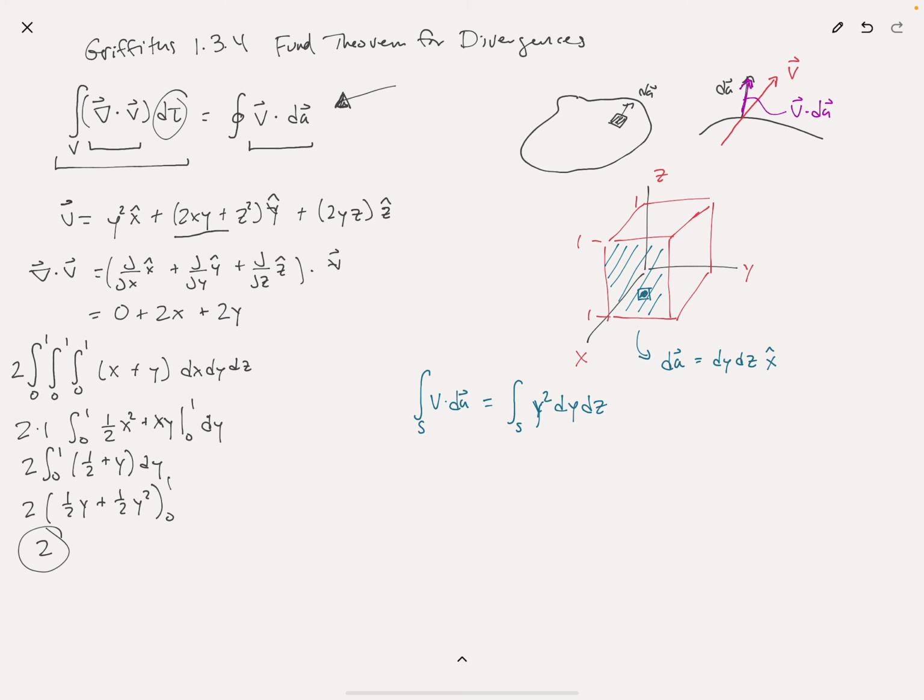For dy, it's from 0 to 1, and for dz, it's also from 0 to 1. So 0 to 1, 0 to 1, y squared dy dz. The z integral is just 1. Then I'm left with 1/3 y cubed from 0 to 1, and I'm left with 1/3.